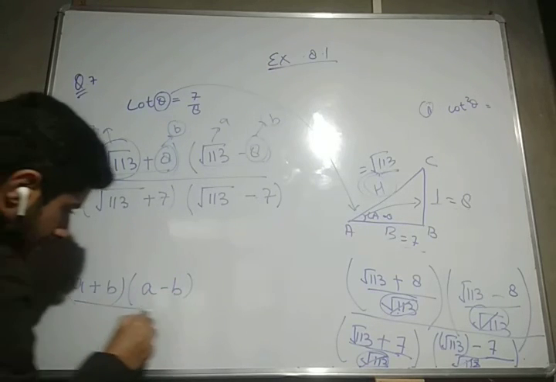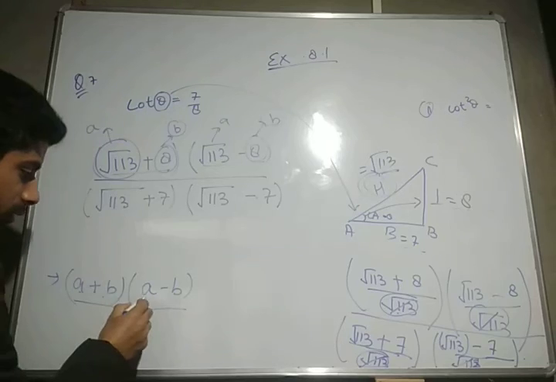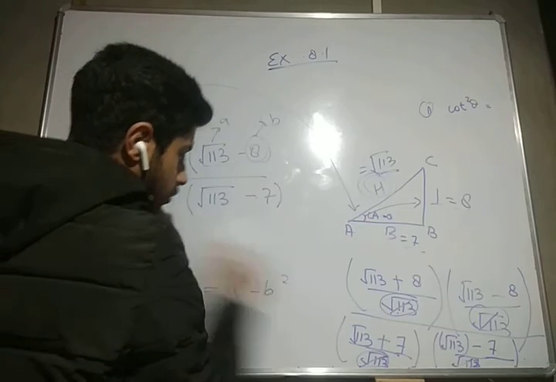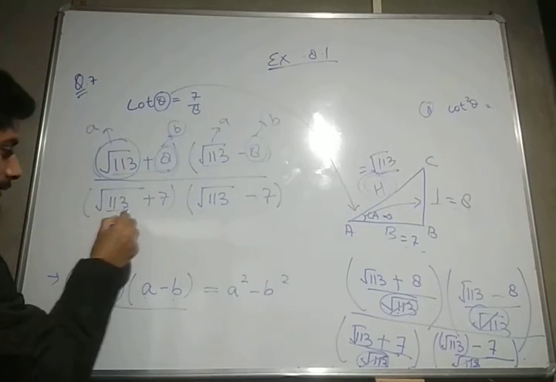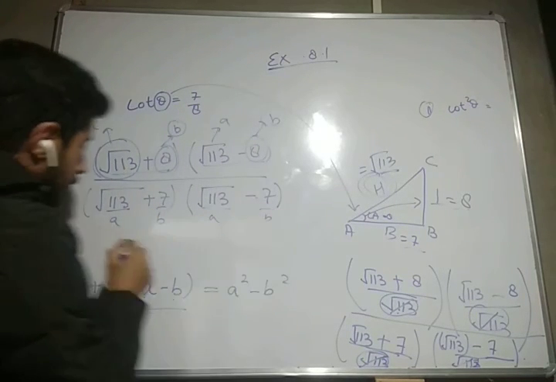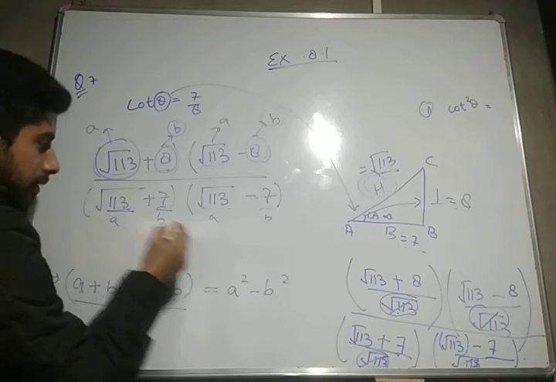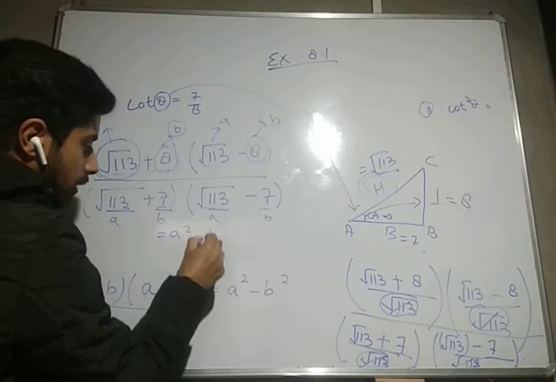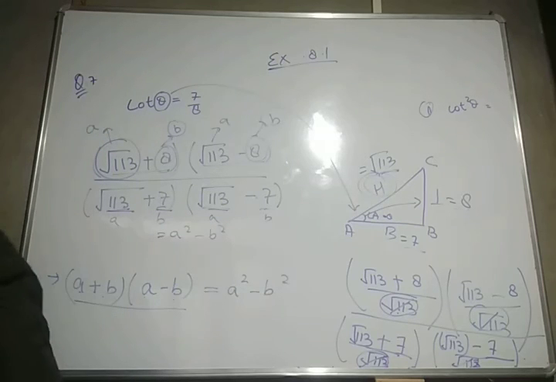So basically it's an identity: A plus B into A minus B is A square minus B square. Same, if this is A, this is B, this is also A, this is also B. So it's also equal to A square minus B square.